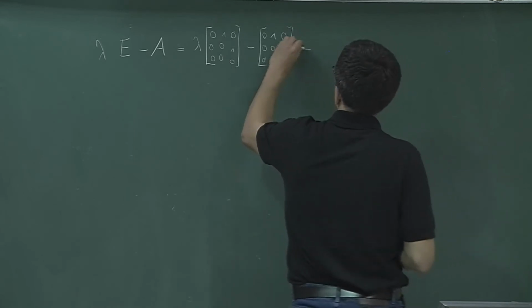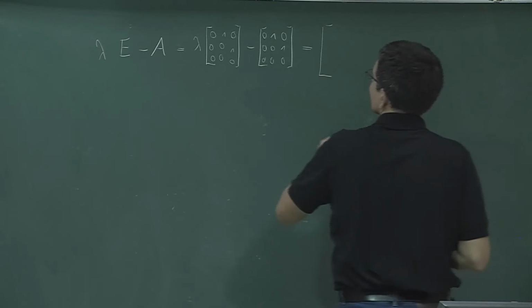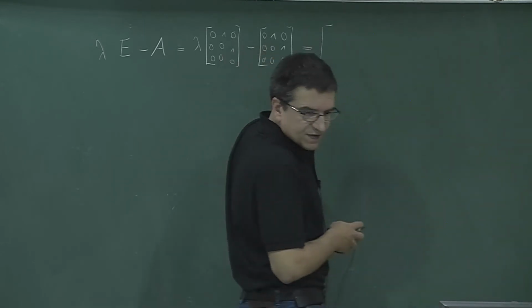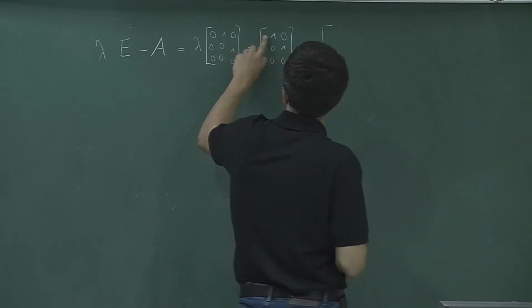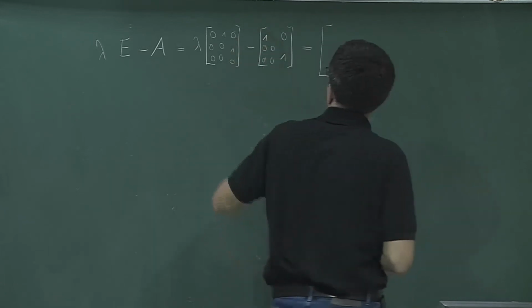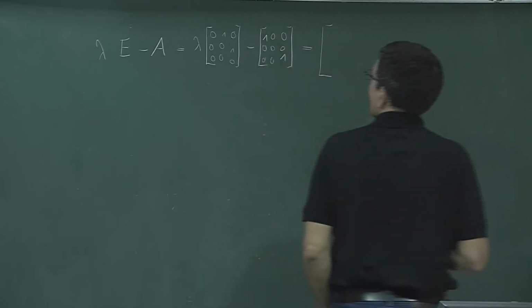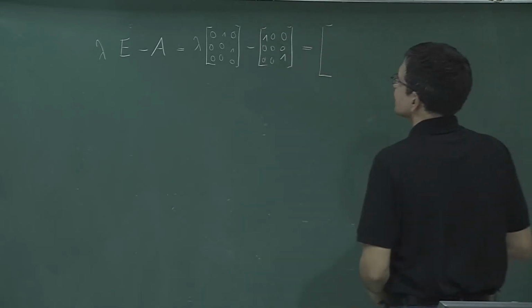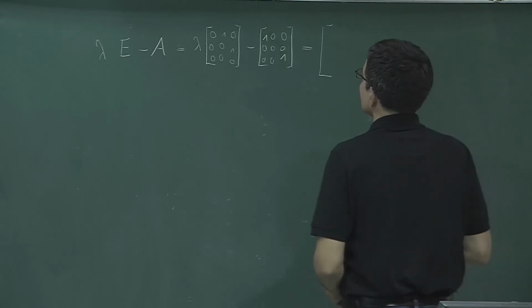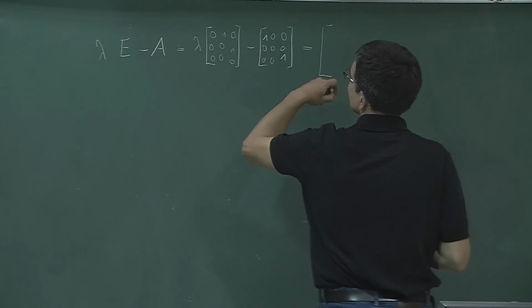So, which matrix comes out? Sorry, here I have to put the ones at these places. So, okay. What is the outcome here if we form this difference?